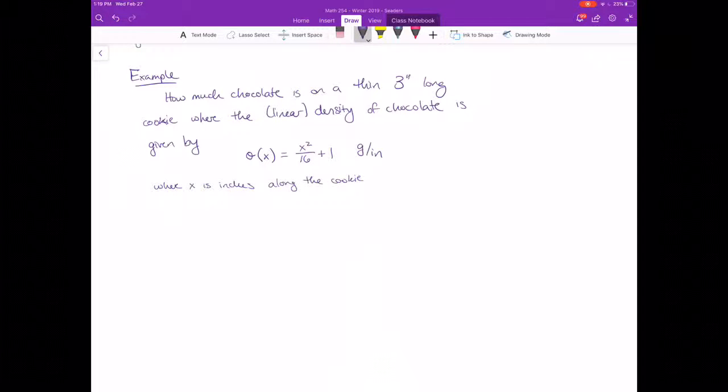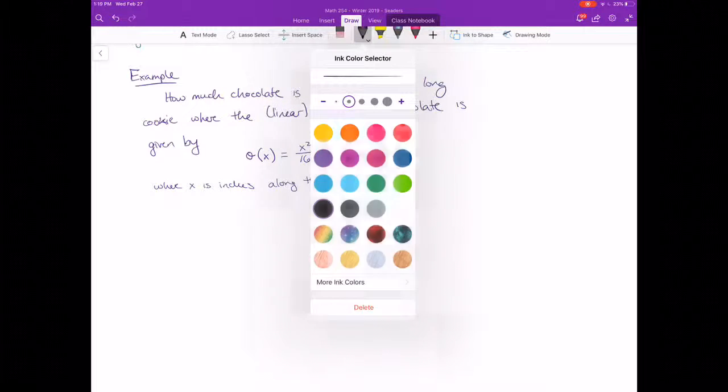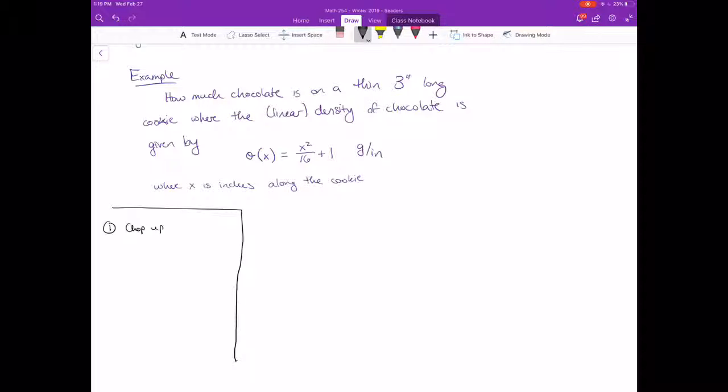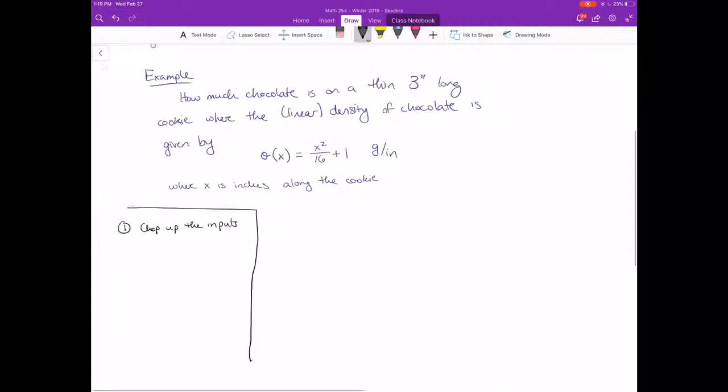And so what we do to use an integral, what we do first is we chop up the inputs. Oh yeah, and let's talk about why we need an integral.